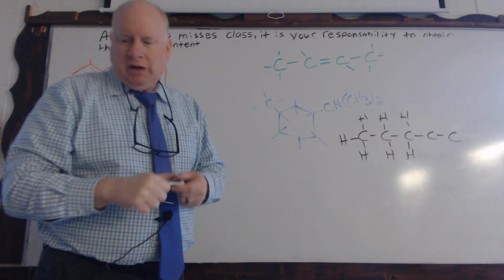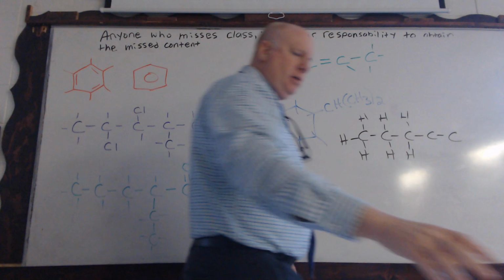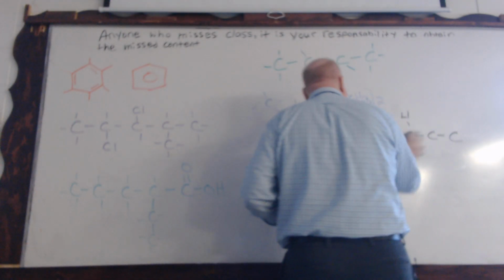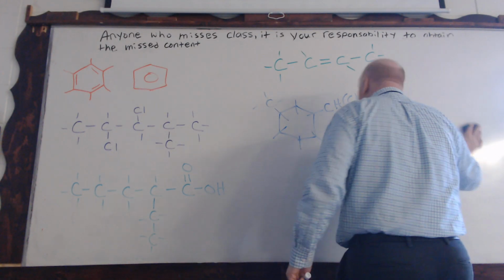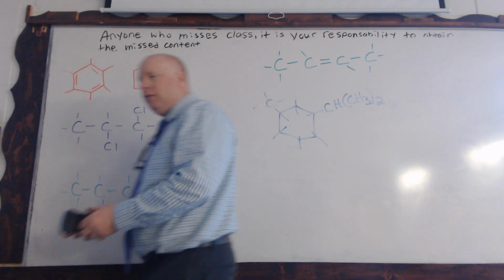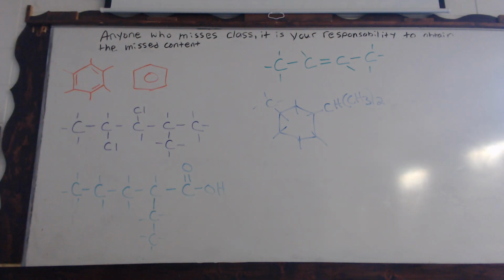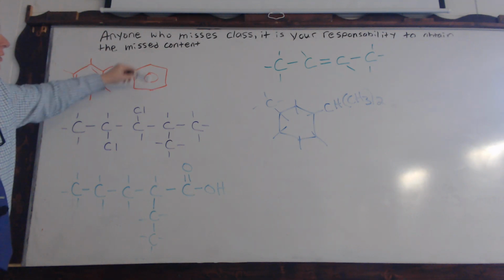So for the same reason, for the red compound in the upper left-hand corner, does anyone remember that from 2 or 3 years ago? Benzene. That is benzene, so that's why we don't write this compound like this. It's just simpler: draw a six-sided figure and put a circle in the middle.